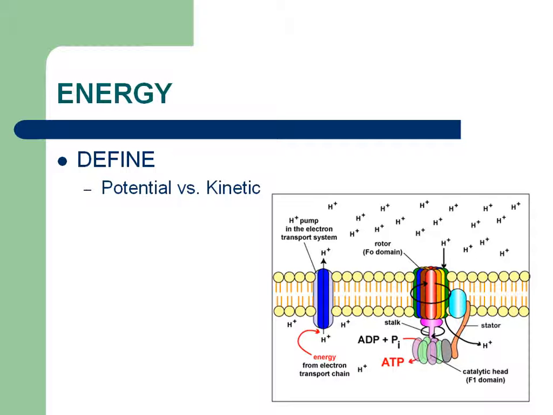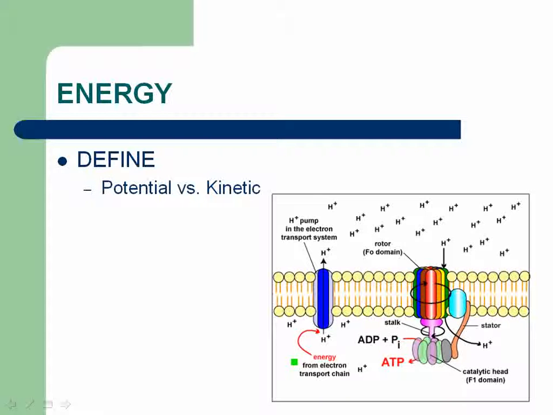By gates, we're talking about protein channels or protein pumps. As those ions flow through those gates, their kinetic energy can be tapped to create a nerve signal, or make a heartbeat, or make a muscle contract.